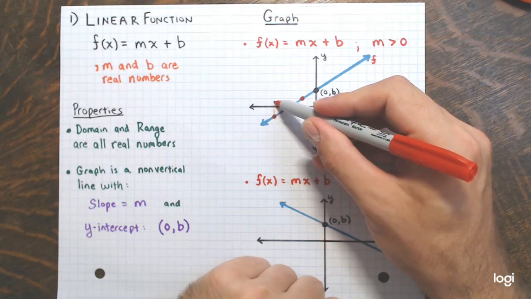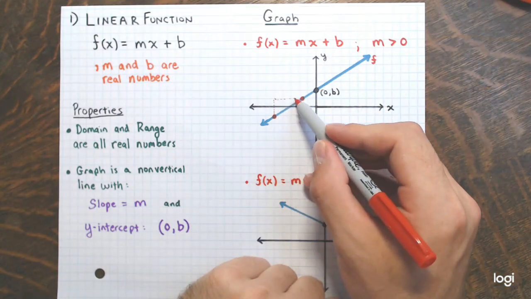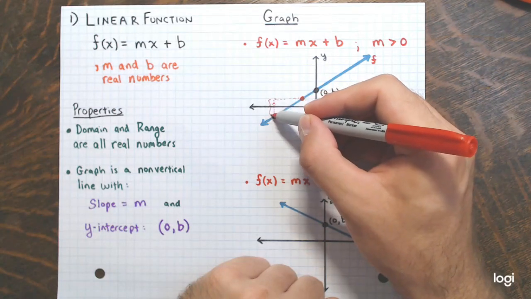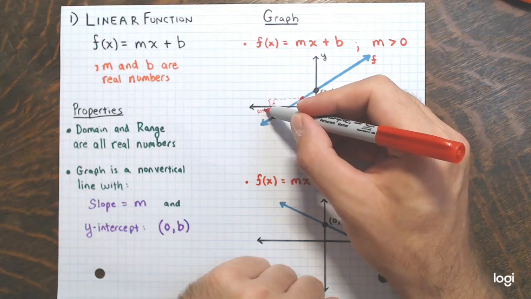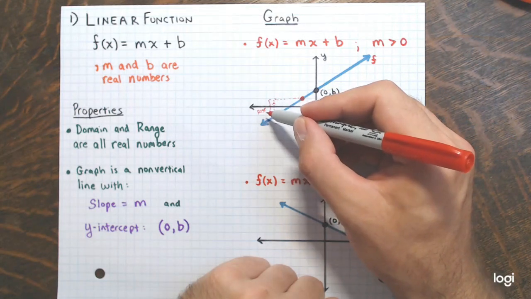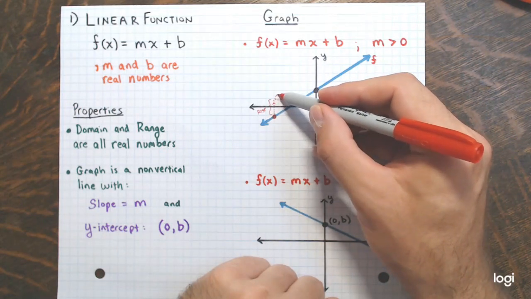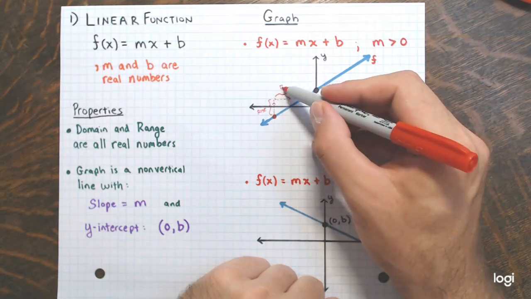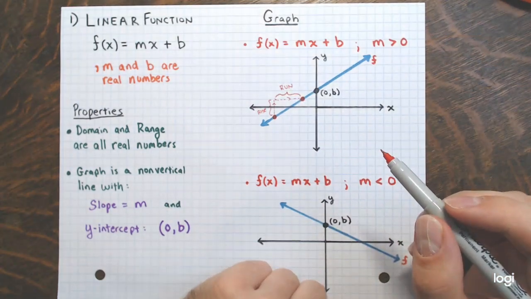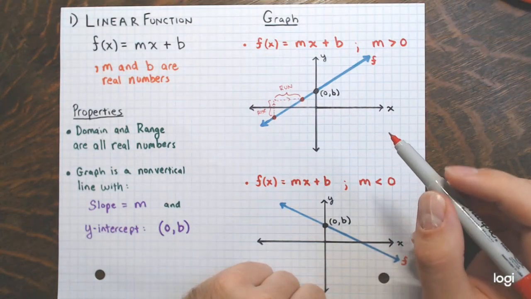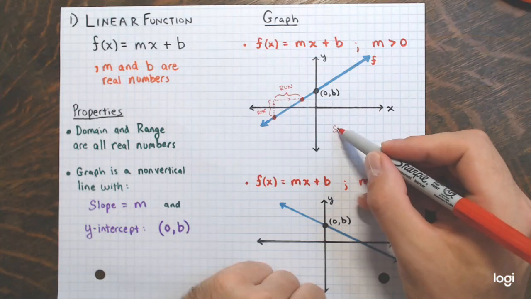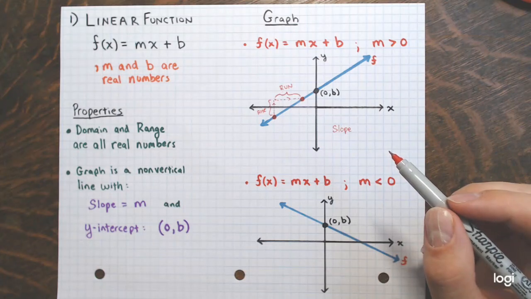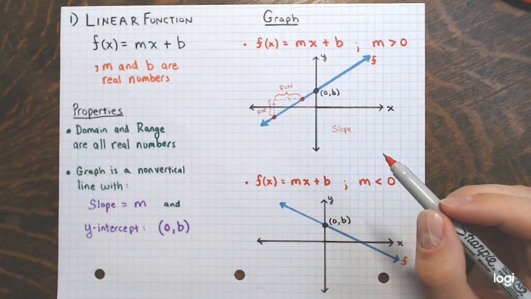So if I travel up and then to the right here, the amount traveled upward is sometimes referred to as the rise, or the vertical change. That's R-I-S-E. Sorry, that's pretty tiny. I'll make the next word bigger. And then the amount you travel right or left is called the run, or sometimes the horizontal change, or the change in x. And the slope, and this is a very quick overview of slope. If you want to look for other videos out there on slope for more detail, please do.